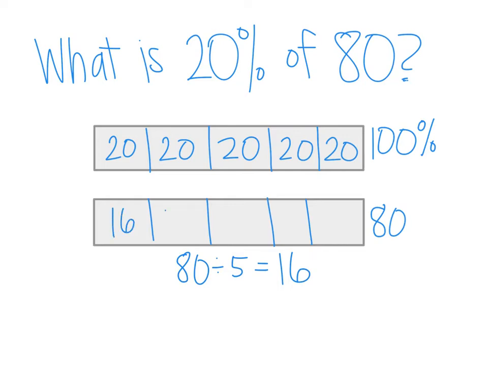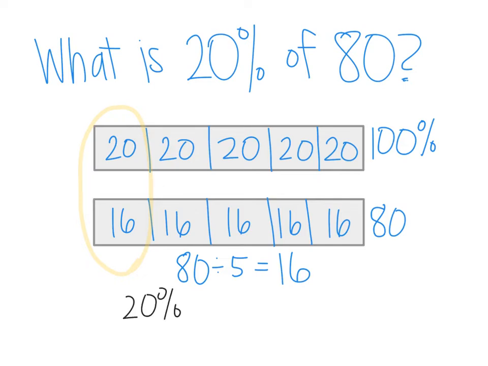So each of our sections here is worth the value of 16. Now because our 100% bar was grouped in groups of 20%, we know that each corresponding section is also 20%. So to answer our final question here, what is 20% of 80? 20% of 80 is equal to 16.